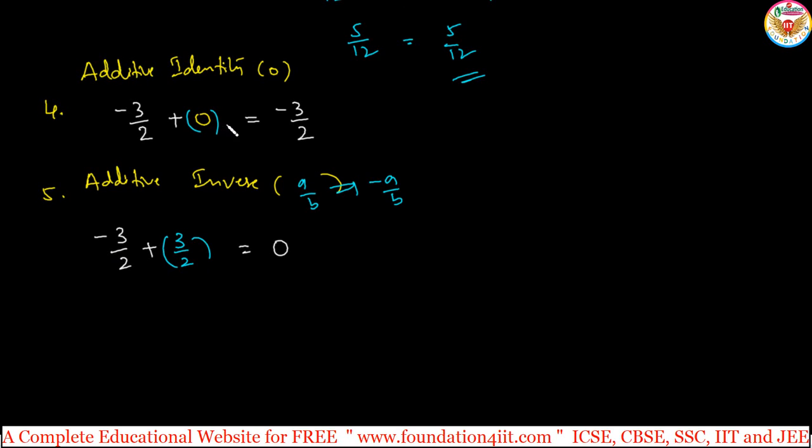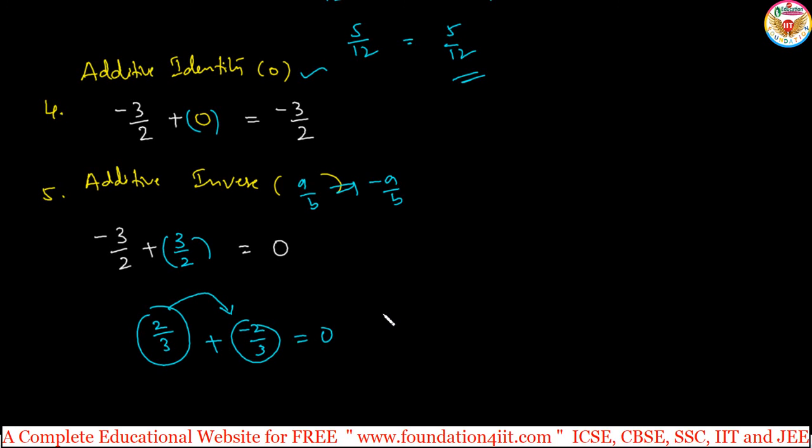So 0 is the additive identity, and when you come to the additive inverse, the negative of the rational number is its additive inverse. Minus 3 by 2 is a rational number. The negative of minus 3 by 2 is plus 3 by 2. And 2 by 3 is a rational number. Its additive inverse is minus 2 by 3, because by adding both we are supposed to get the additive identity.